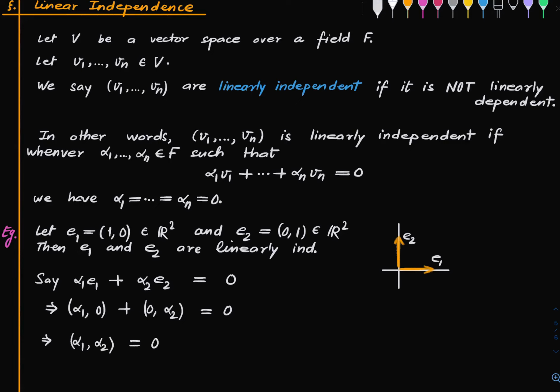But 0 is just a shorthand for the additive identity of R2, which is (0, 0). This implies alpha 1 is 0. Same is true for alpha 2. And therefore, E1 and E2 are linearly independent. And you can easily generalize to Rn or Cn or Qn or Fn, the exact same thing, which I leave to you.